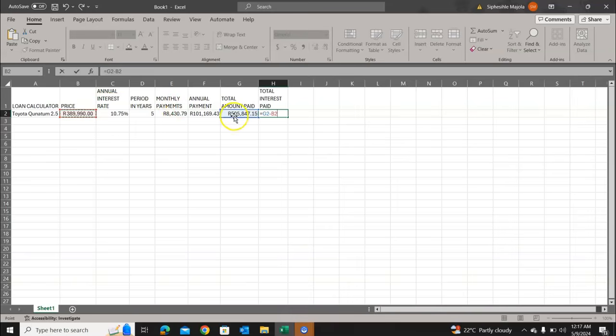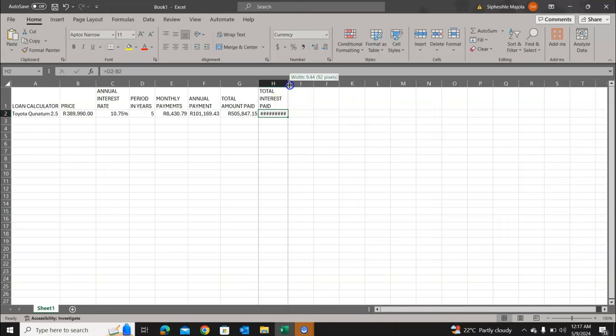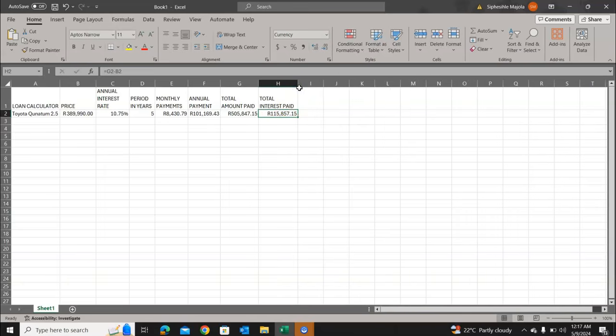So it's 505,847 rand 15 cents minus 389,990, and then you will get how much we paid. If you come across a situation like this, you need to open up your space, and then you'll know that we've paid an interest of 415,857 rand 15 cents.